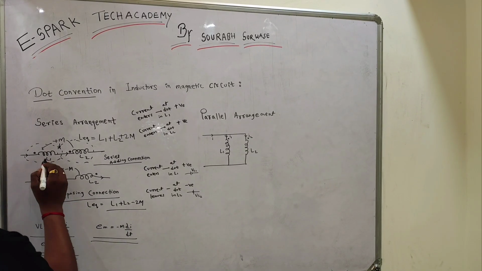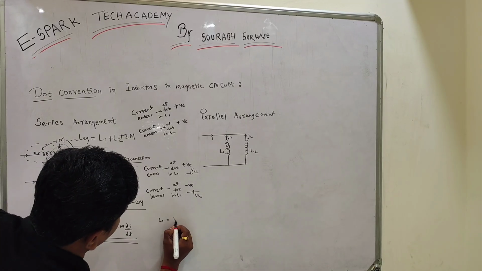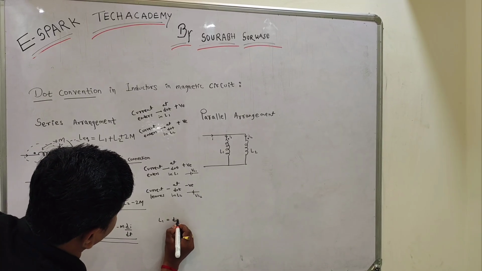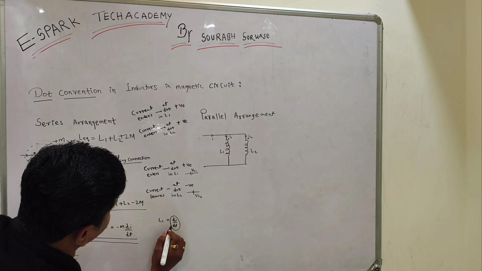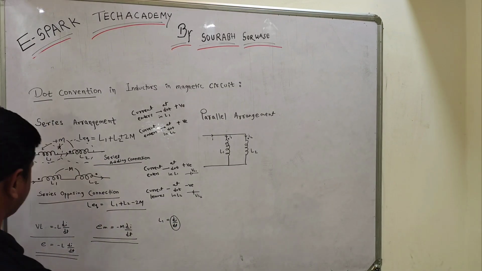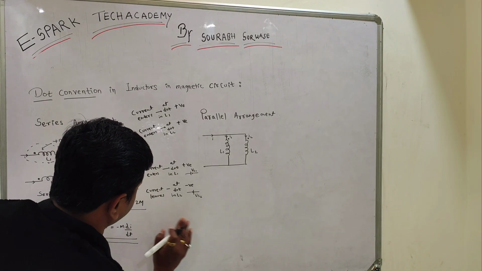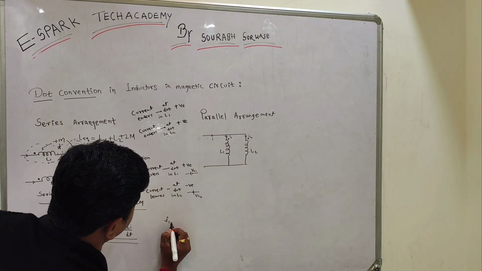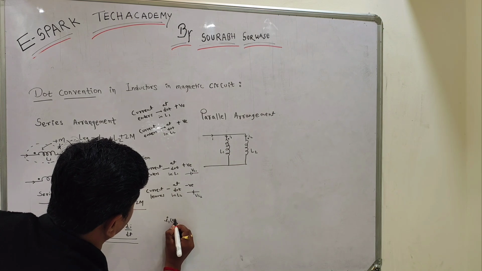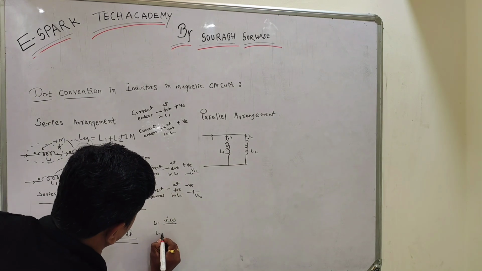That's why if L1 is creating di1 by dt, and the current in opposition to that, you will see it as I1 of t by L1, and by L2 it will be I2 of t.